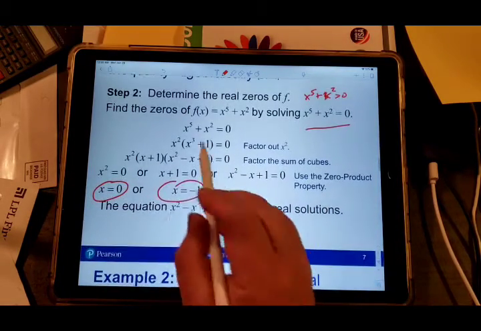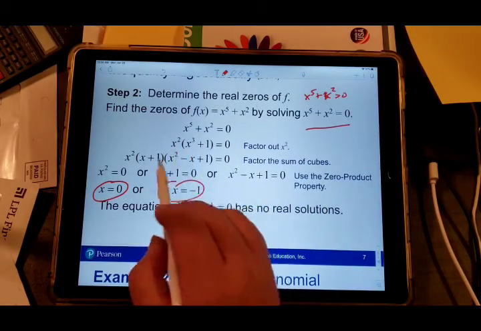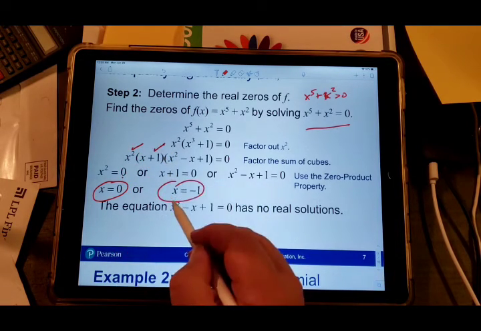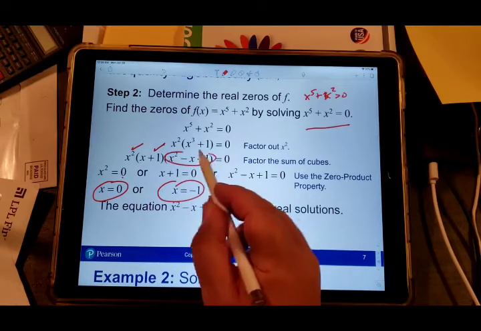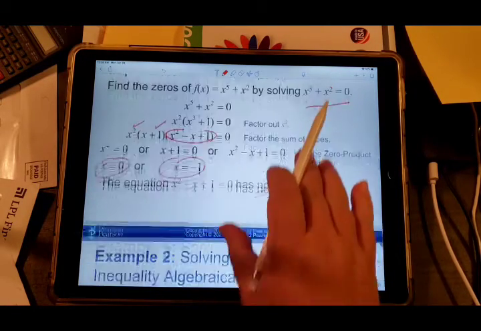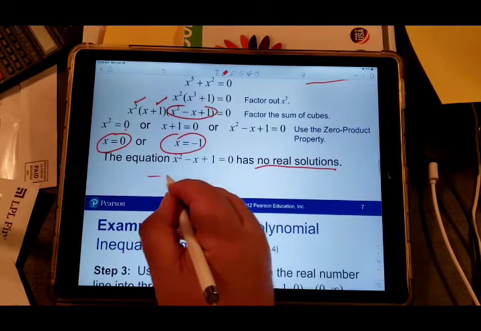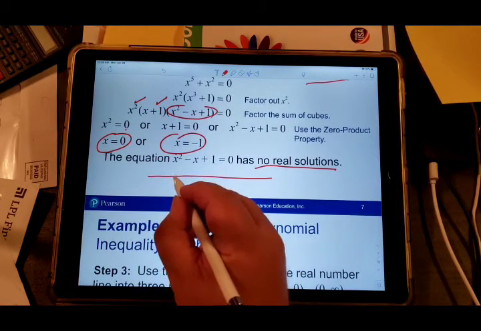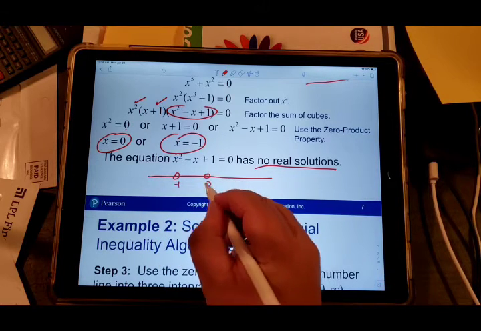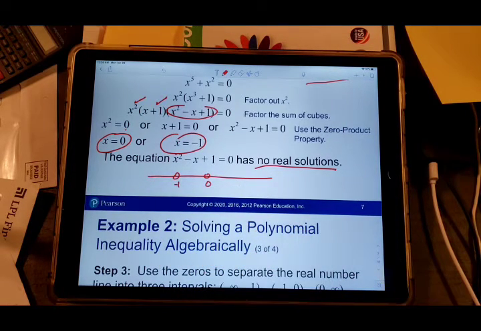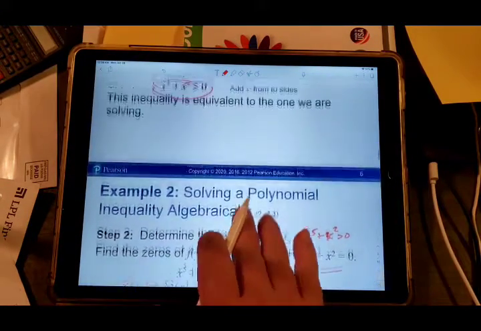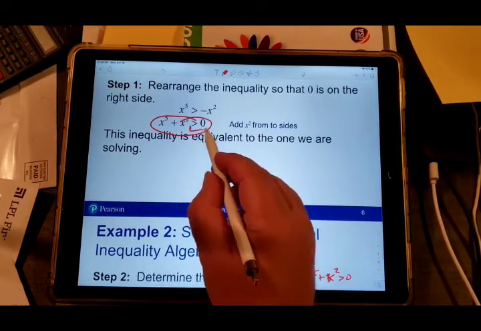So understand, they set it equal to 0, they factored it, set this equal to 0, got 0, set this equal to 0, got -1, tried to set this equal to 0, and it turns out it had no real solutions. So at this point, I know when it's 0. It's 0 at -1, and it's 0 at 0. But remember, the original problem was asking me, when is it greater than 0?